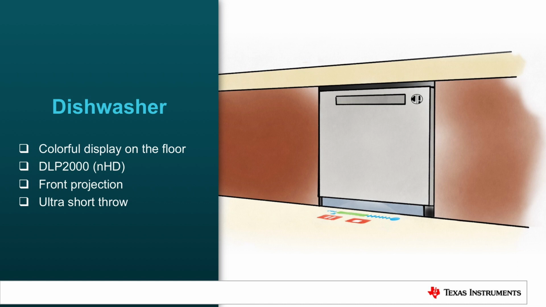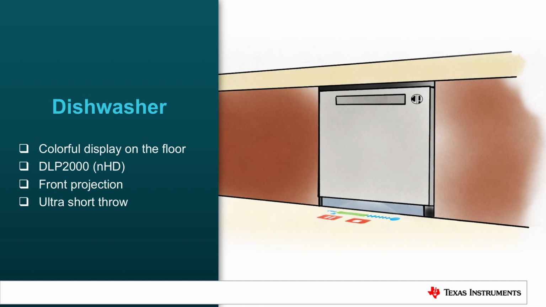In terms of resolution, this can probably use an NHD display, which is a DLP2000. For this case, this resolution is good enough to be used for simple symbols and information that can be communicated.